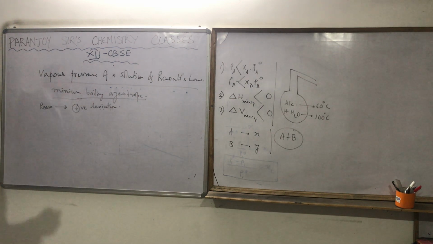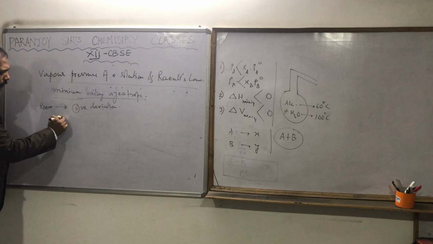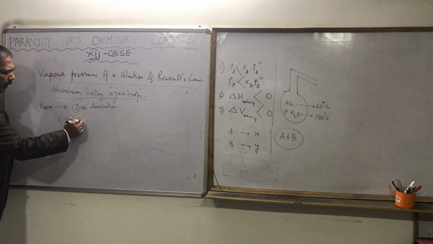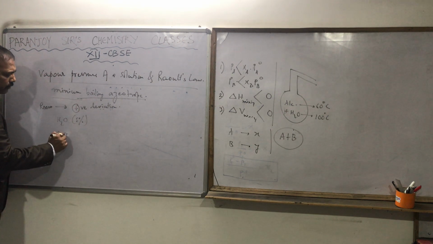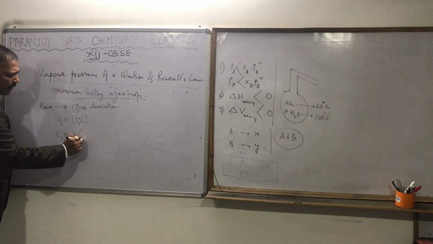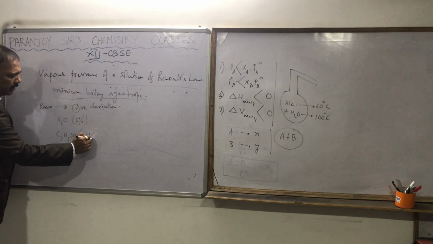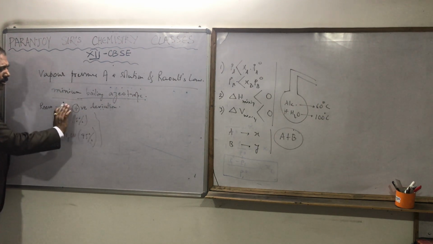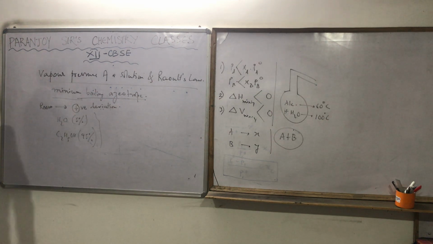Suppose H2O 5% and ethyl alcohol C2H5OH 95%. If we mix them together, they are going to form a minimum boiling azeotrope. How?